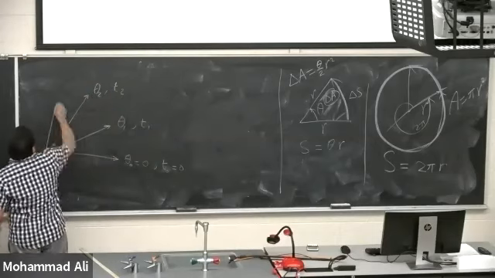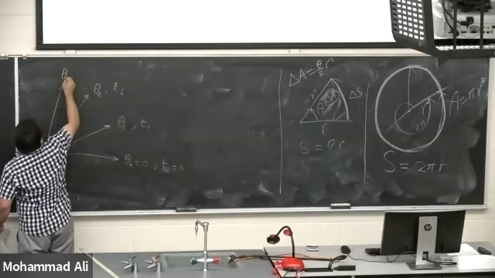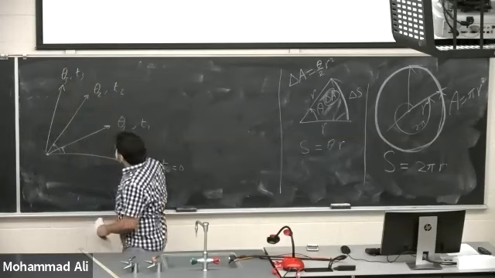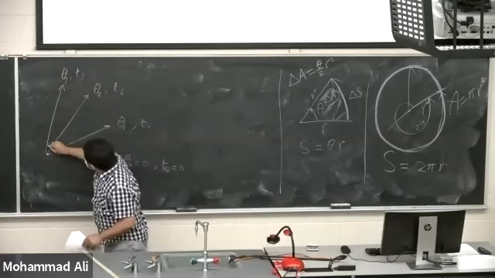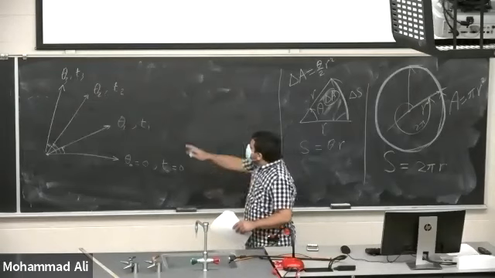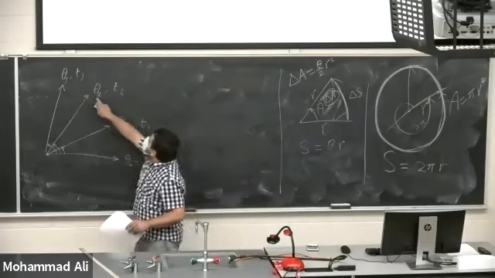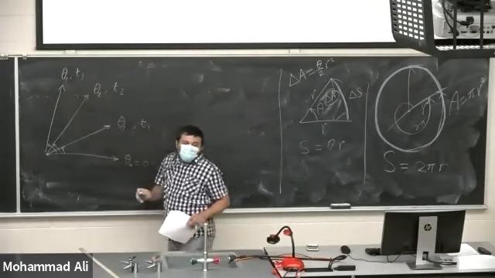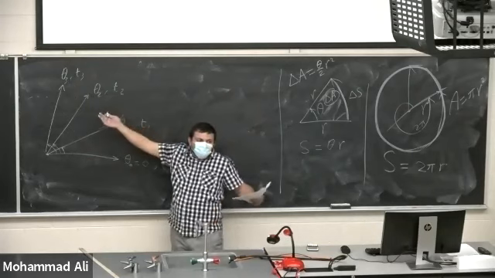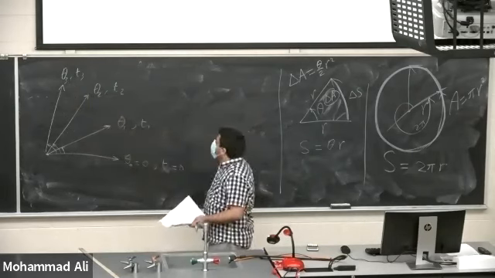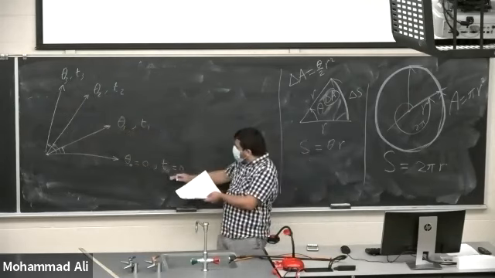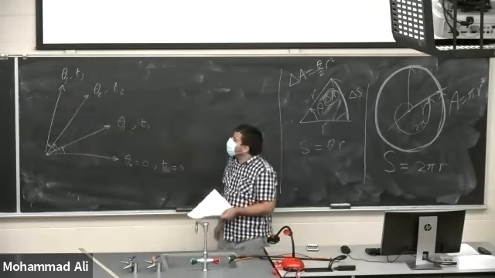Maybe we have also theta 3 at time t3, and so on. These are angular positions. Remember that we had x0, x1, x2 positions from before. These positions change with time, so we have t1, t2, t3, and so on.